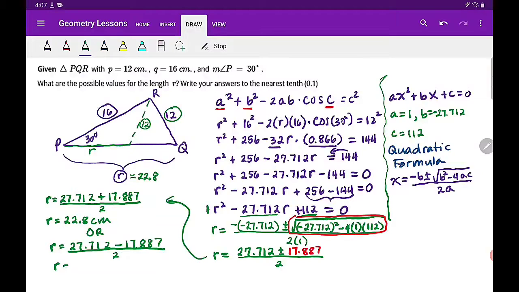I'm going to get 4.9, to the nearest tenth of a centimeter. That 4.9 is this version right here. So I have my two solutions. One is 4.9 and the other one is 22.8. The two possible solutions are 4.9 and 22.8.